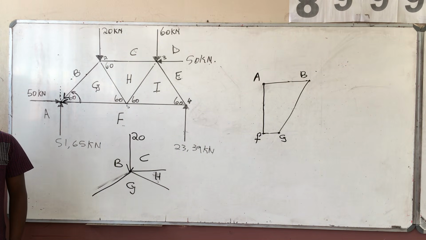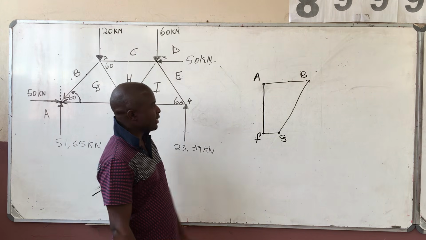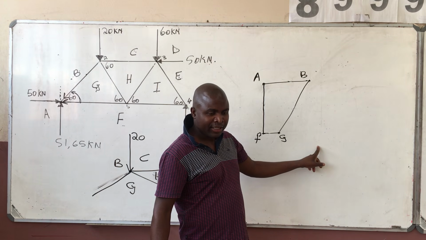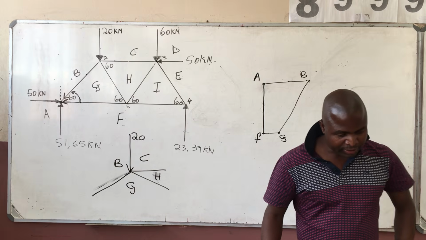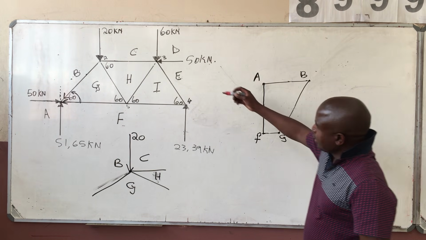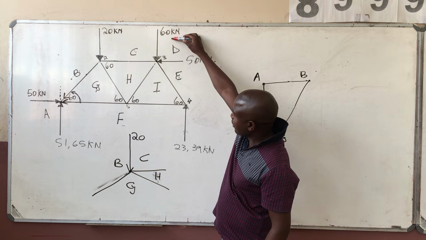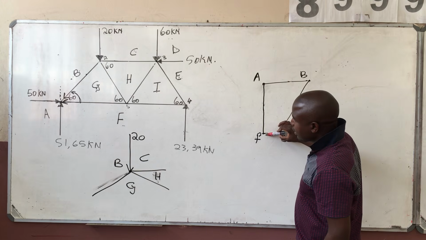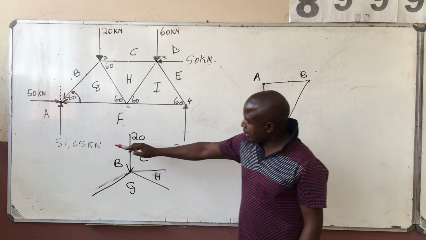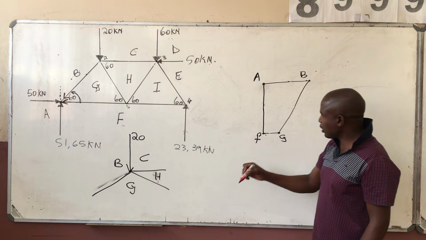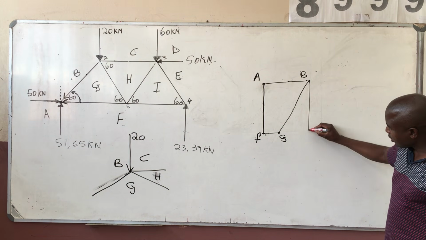In which direction does B go? Okay, I want to know where's C. Is C somewhere on top or C somewhere down there? Somewhere down, yes. C is somewhere down. And the magnitude is 6, ne? And if we check, this one is AF, and AF is 51. This one is 60, meaning this one will be a little bit longer.